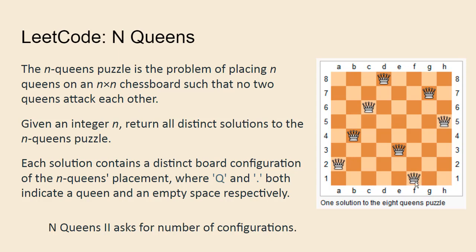Then the only state is which column the queen is in. So the state can be represented by a size n integer array, which stores the column number of the queen that is at row i.